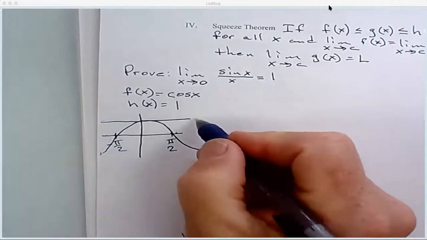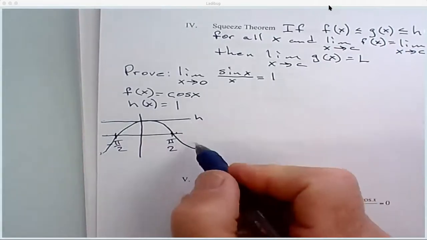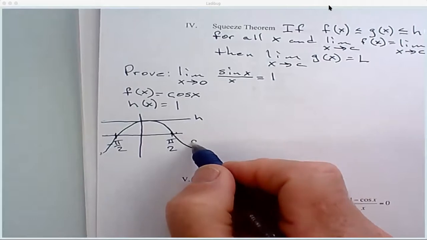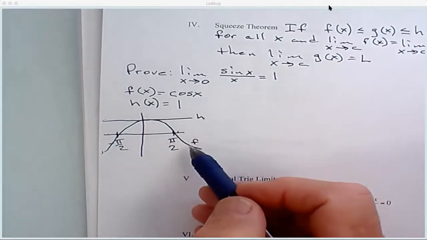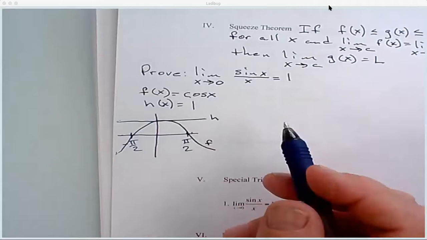So this function h, and here's my function f, h is greater than or equal to f, correct?